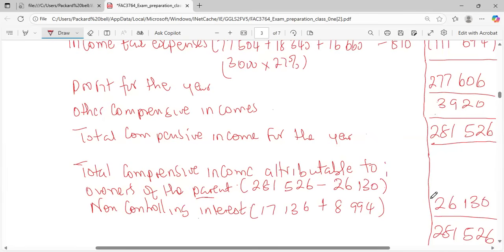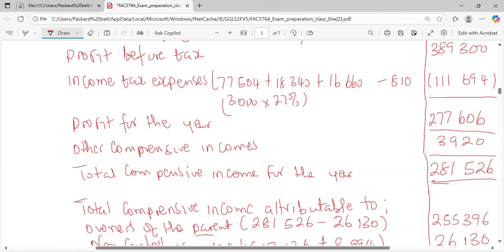I'm getting 255,396. If we add these two, they must give us the total. Then it will be done with your comprehensive income.